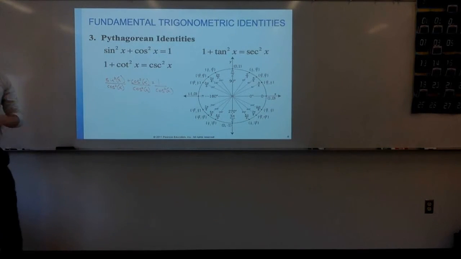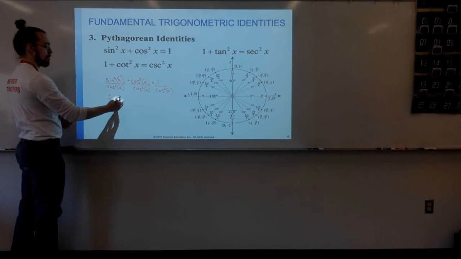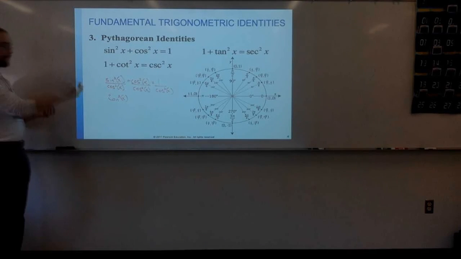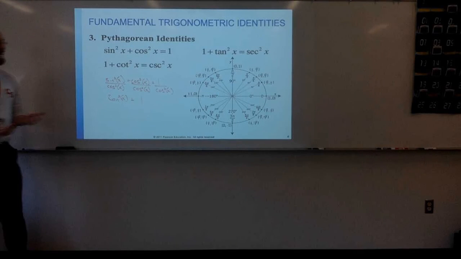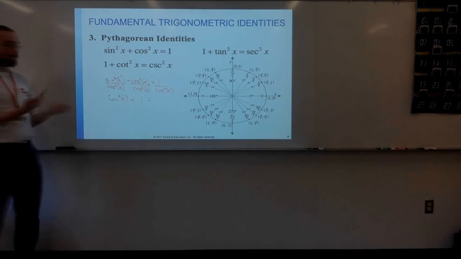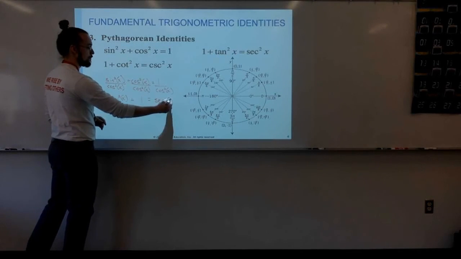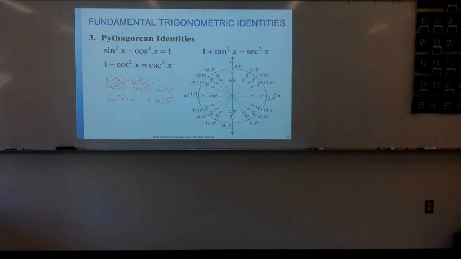Sine squared over cosine squared, well, sine over cosine is tangent, so this will just be tangent squared. Cosine squared over cosine squared would just be 1. And then 1 over cosine, we know, is secant. So 1 over cosine squared is secant squared. So that's how we get that version of the Pythagorean identity.